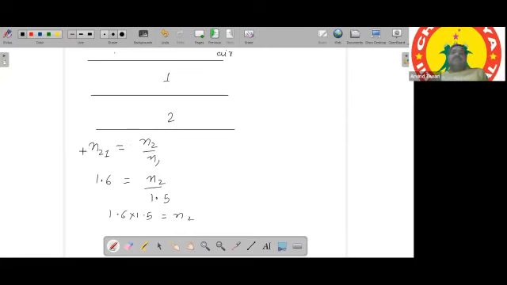Yeah. So see, this is the representation. We can use different representations, right? If I write it like this, N12, the reading is the same. In the book also they read it as refractive index of medium 2 with respect to 1, which is written as N2 by N1, right?